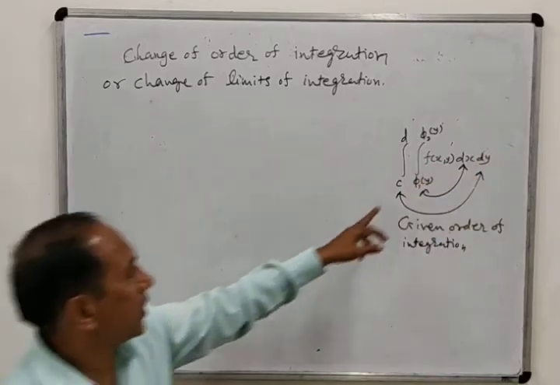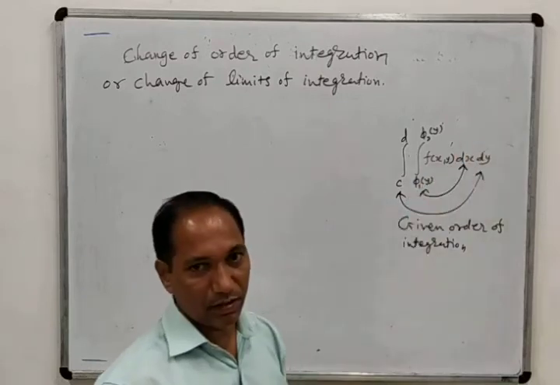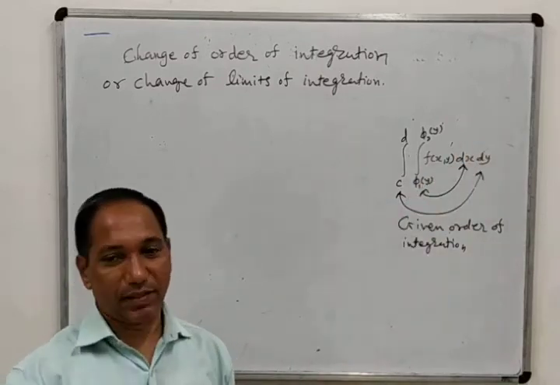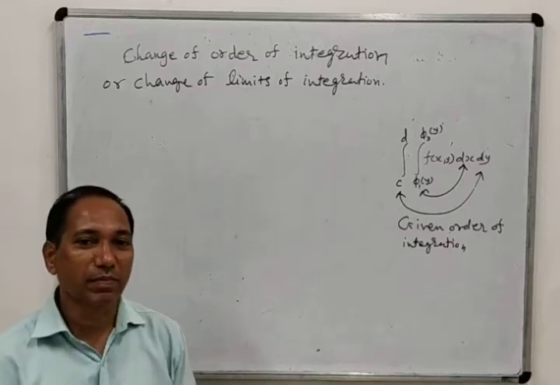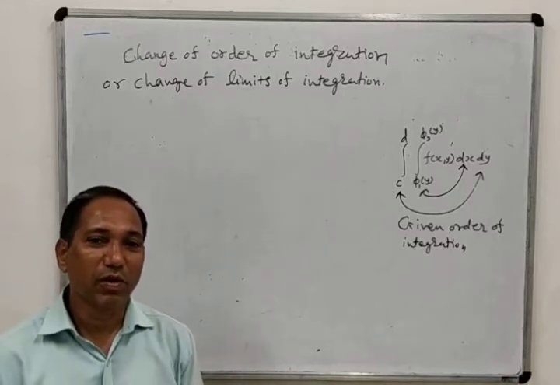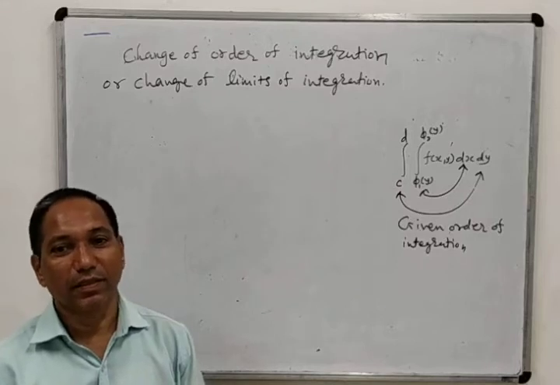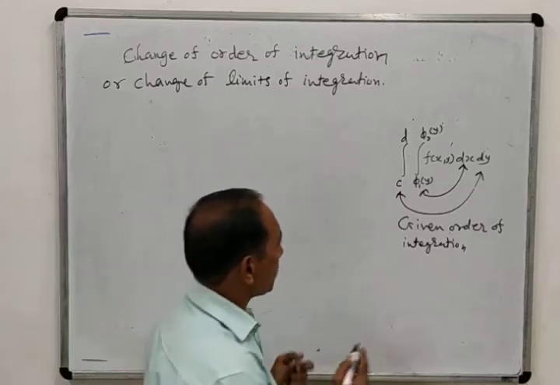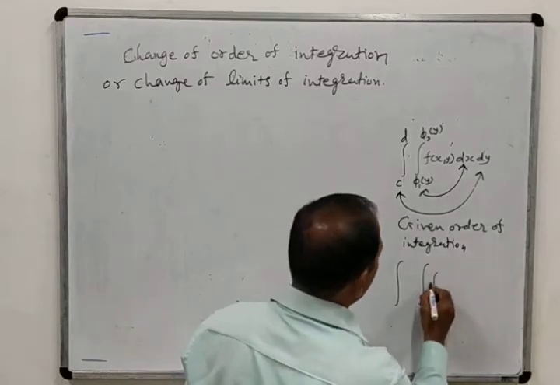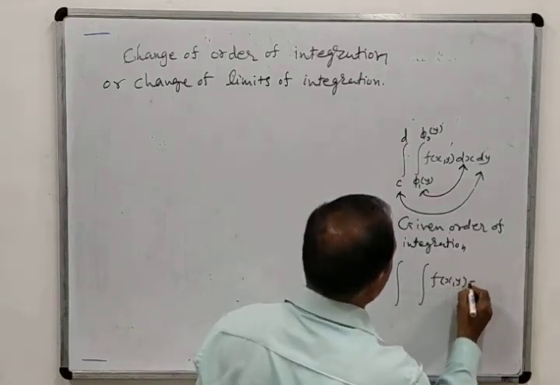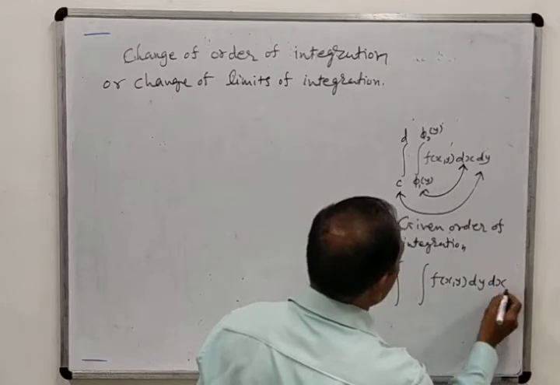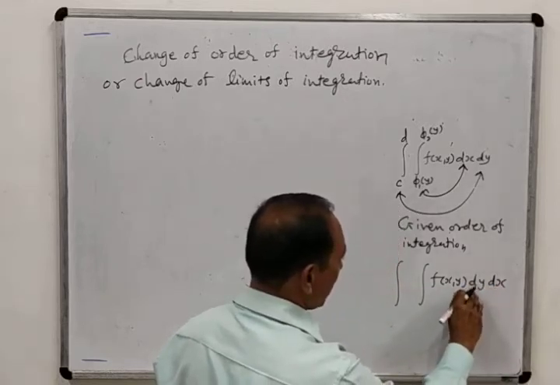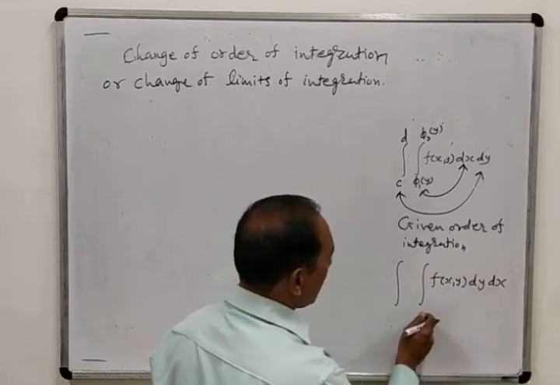So in this case it is better to integrate with respect to y, and we can solve the problem very easily. We can convert this problem by writing it as dy dx. That means we are changing the order of integration. Now we integrate with respect to y, then with respect to x.